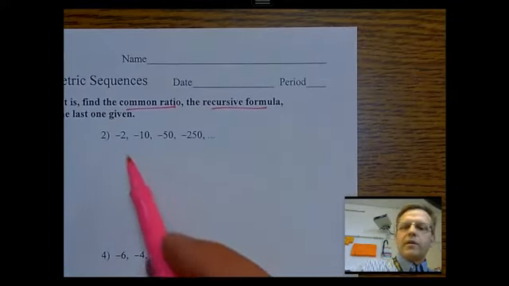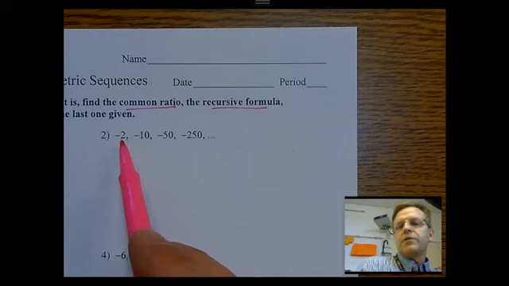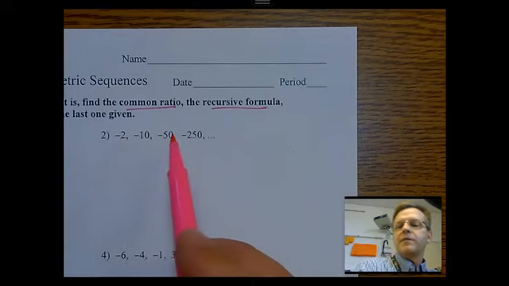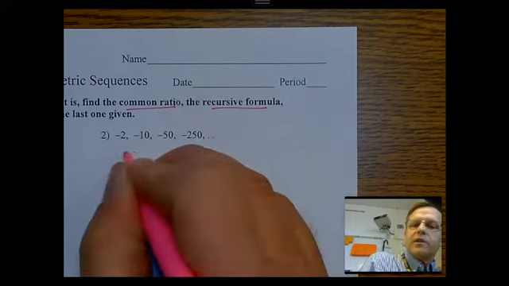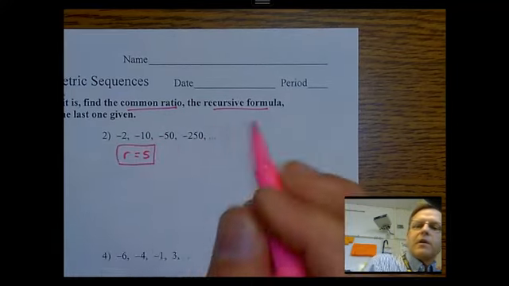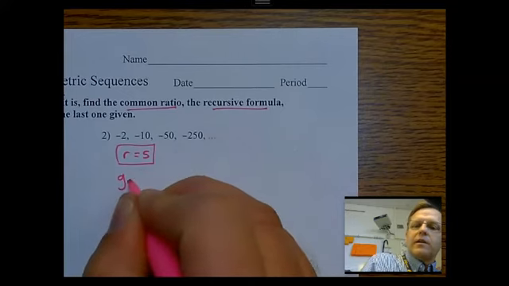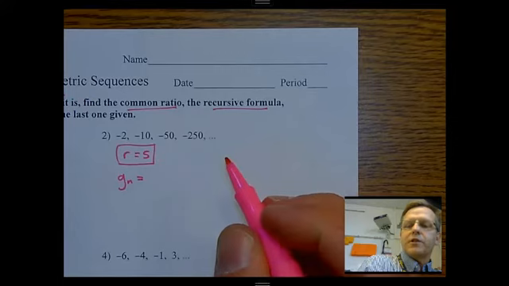Okay, let's try another one. Is this one geometric? Yeah, I think this one is multiplying by 5. So 2 times 5 is 10, 10 times 5 is 50, 50 times 5 is 250. So yes, it's geometric. The common ratio is 5. And the recursive formula, recursive just means from the previous term.